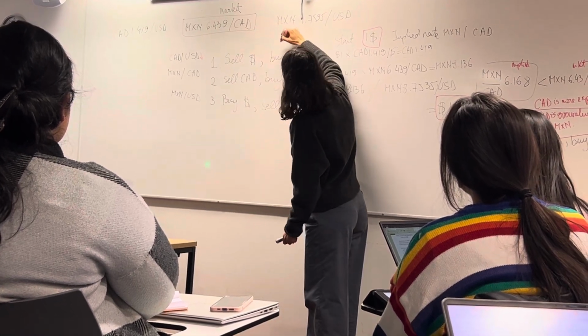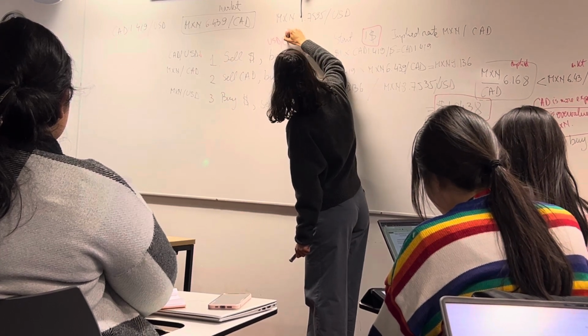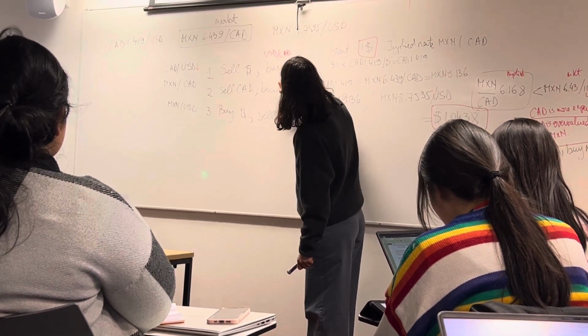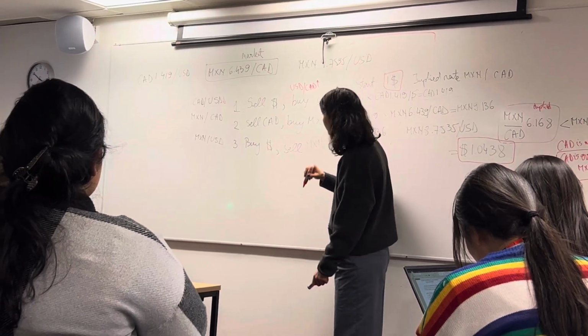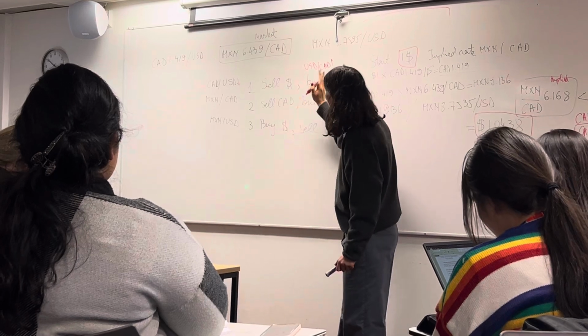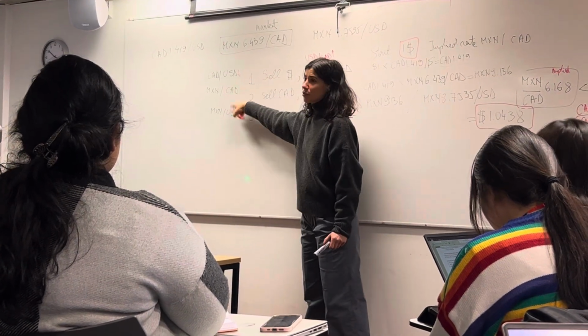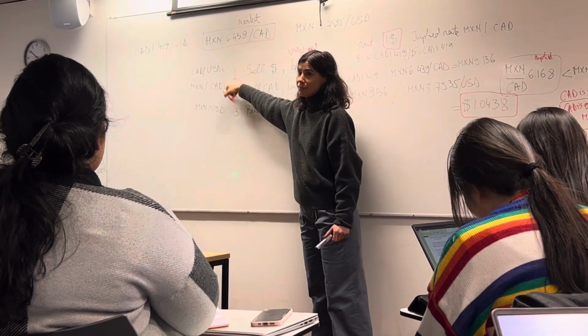But as you noted, everything can be expressed in two ways. The more and more people buy the CAD, this goes up. Here, the more and more people sell the CAD, but the question is with respect to these given quotes. So you can add this, but mainly refer to these.